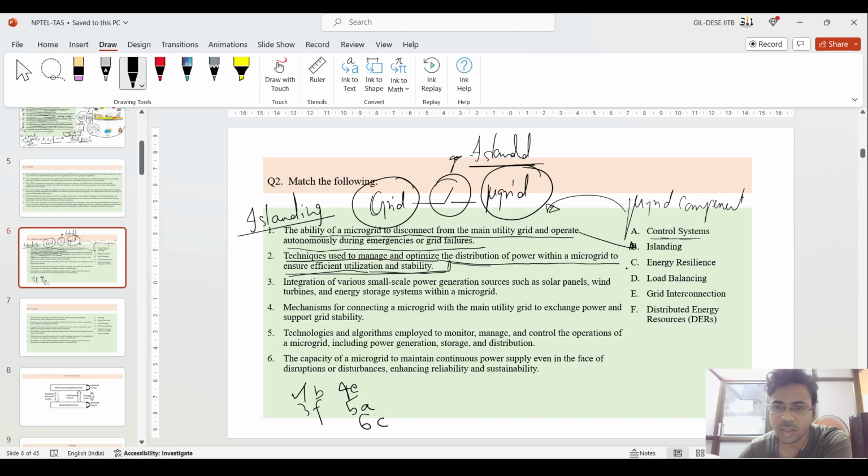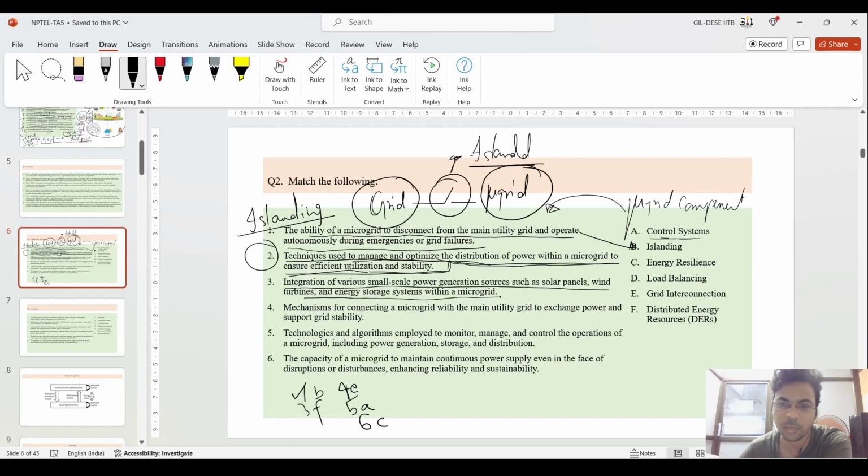So which statement matches with this? So second, if you see, it matches energy resilience. It can be one of the kind, an energy resilience kind of system, because it is a technique to manage and optimize the distribution of power within a microgrid. Let's wait for the second and come to the third.